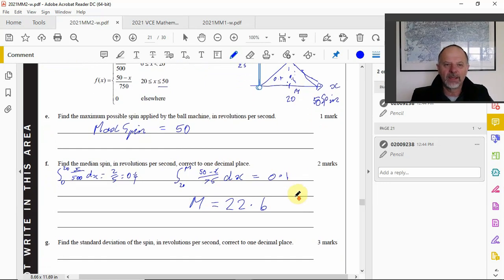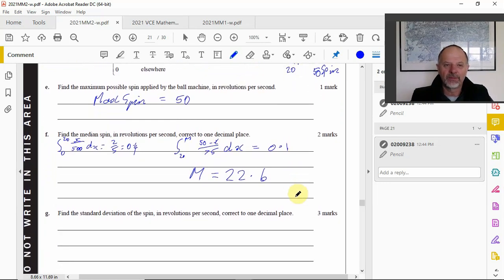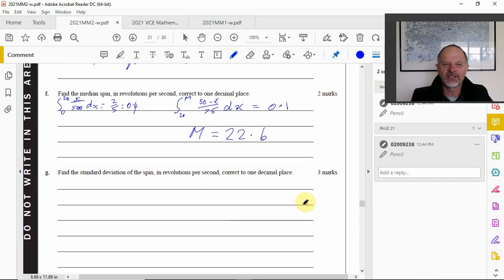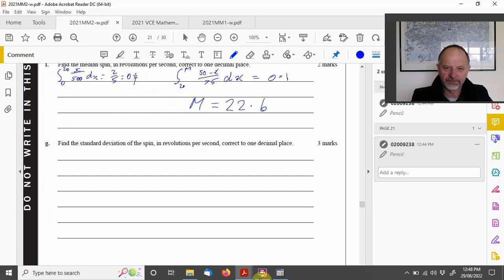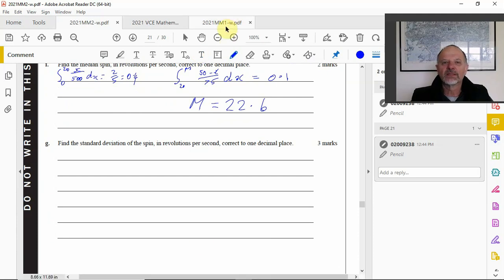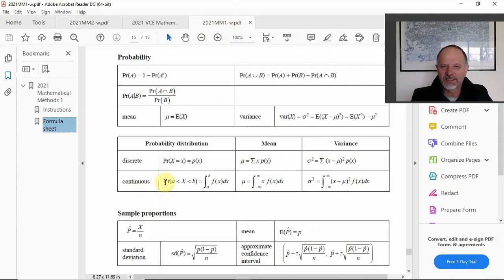Then we now move on. Find the standard deviation of the spin correct to 1 decimal place. So to do that, we need this. We want the standard deviation, which is the square root of the variance, and we need the mean.